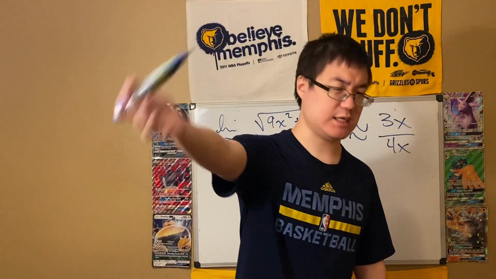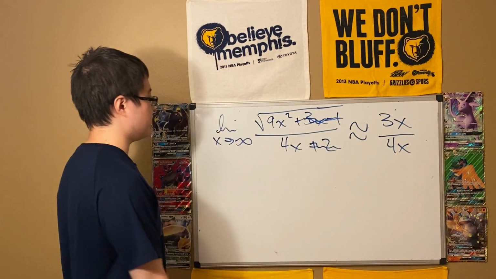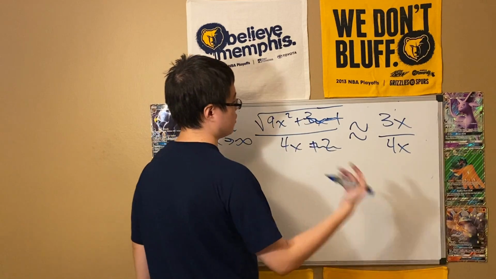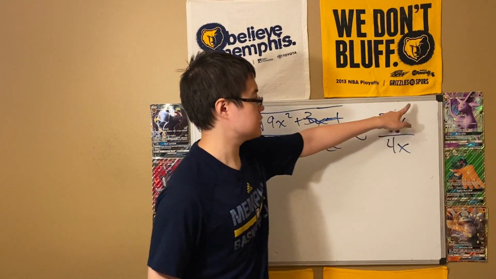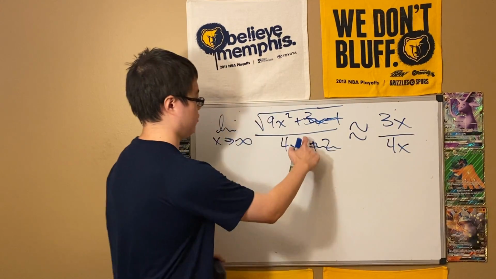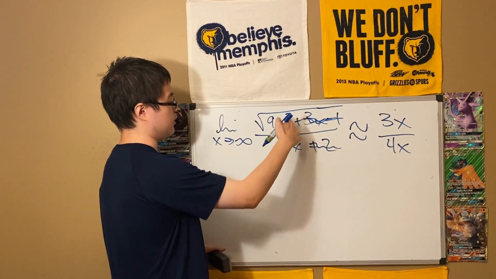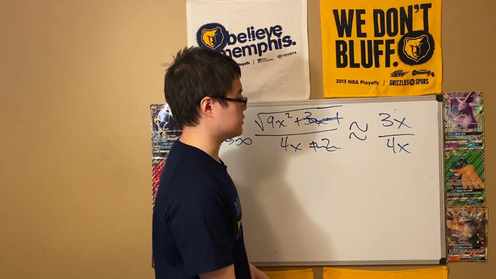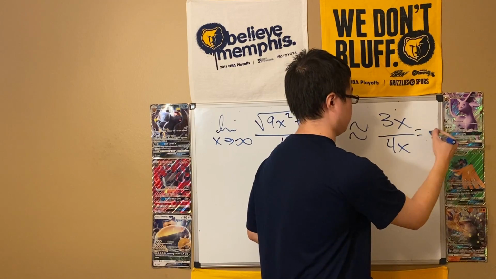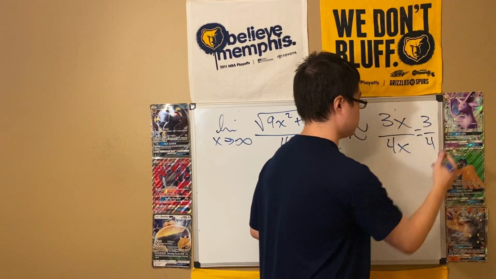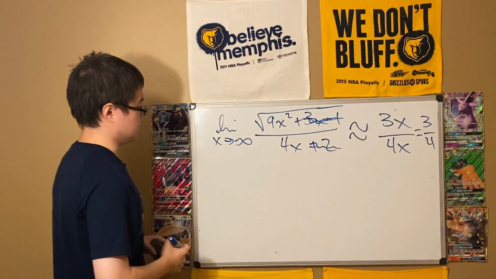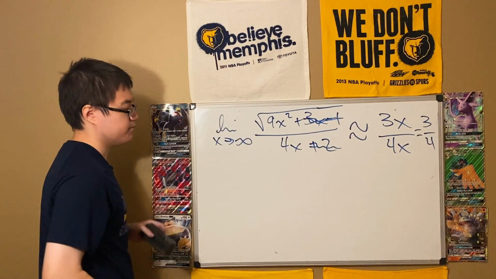We have a same heavy question. So same heavy is always the ratio of the leading coefficients. Notice that it's to the 1, to the 1, and then the square root of squared is basically to the 1. So what's the answer here? Nothing too crazy. It's just going to be 3/4, the ratio of the leading coefficients of the top and the bottom.